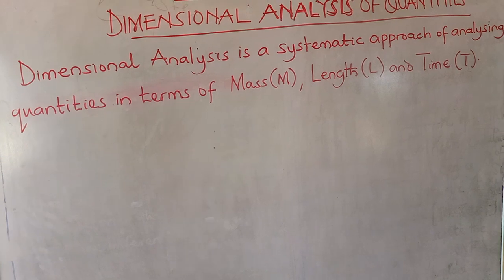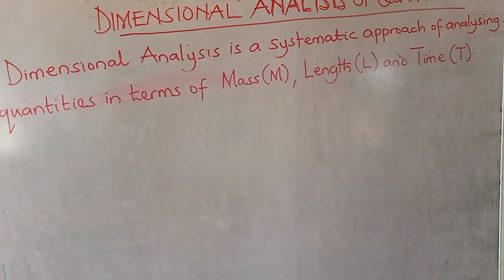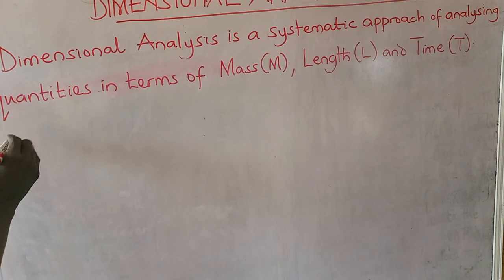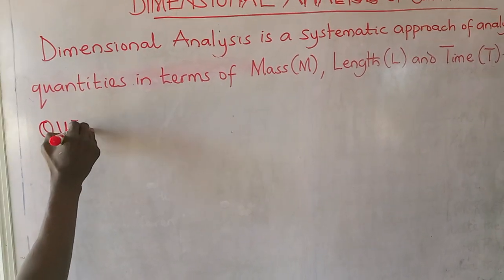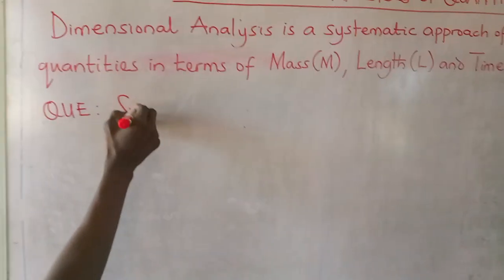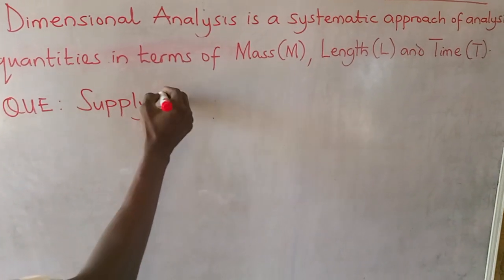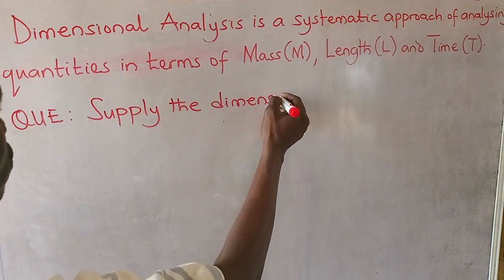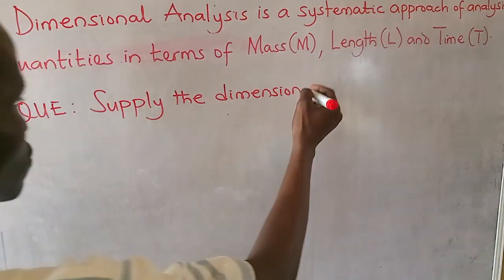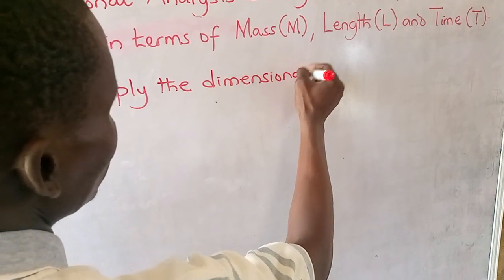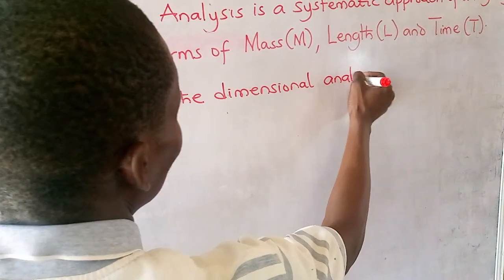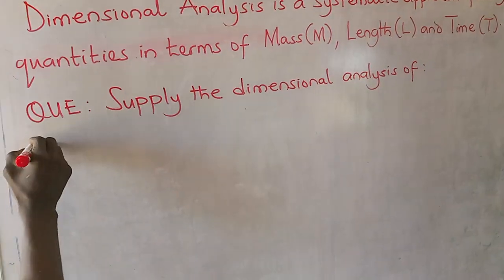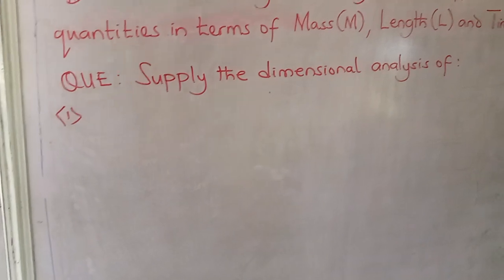So we're going to attempt some of them now, as you will see. The first one now, question now. Supply the dimension analysis of, so we start with the first one now.